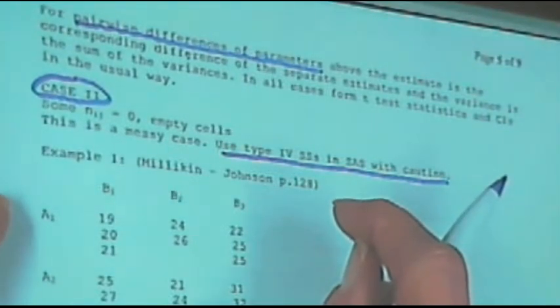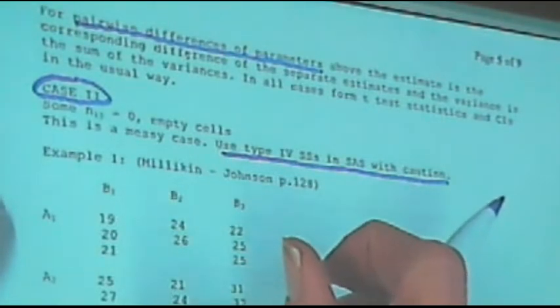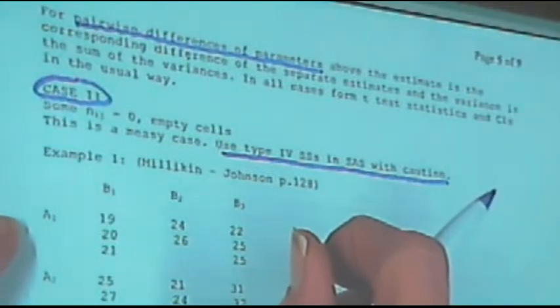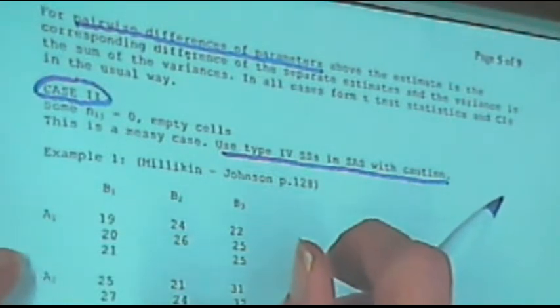And SAS isn't going to tell you whether it's appropriate or not either. So if you encounter a problem like this, you've got to do some reading, you've got to do some investigation to find out some background information as to how to handle it.